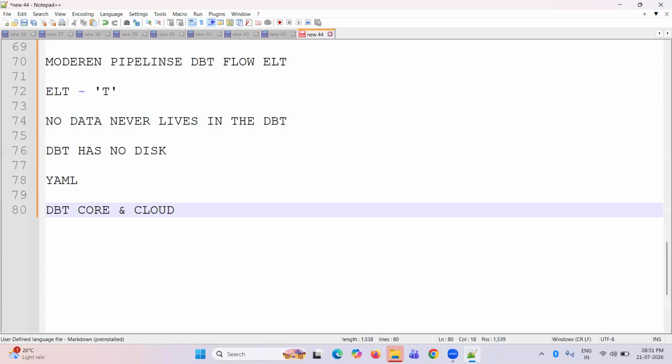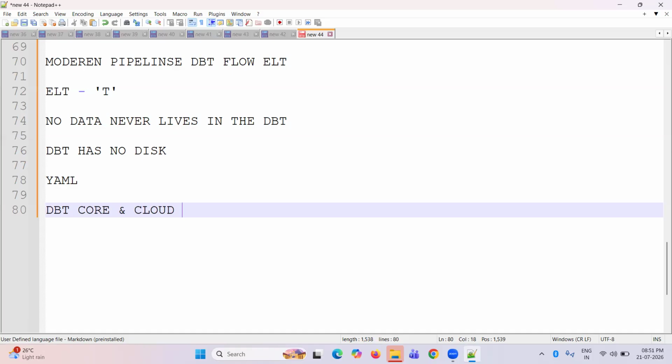We write SQL queries and run the dbt run and dbt test commands from the terminal. We need an IDE like VS Code, and we manage our own Git integration and scheduling using a tool like Airflow and Cron, and also the hosting of documentation.